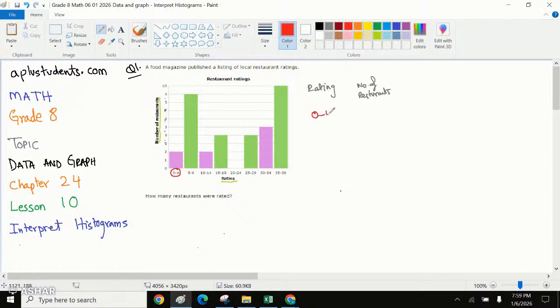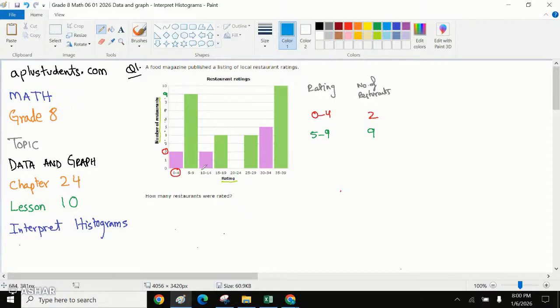Between 0 and 4 rating, how many restaurants were there? There were 2 restaurants, right? Similarly, between 5 and 9, there were 9 restaurants which were given a rating between 5 and 9.